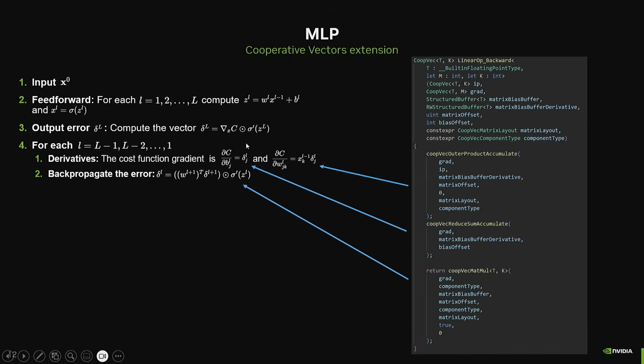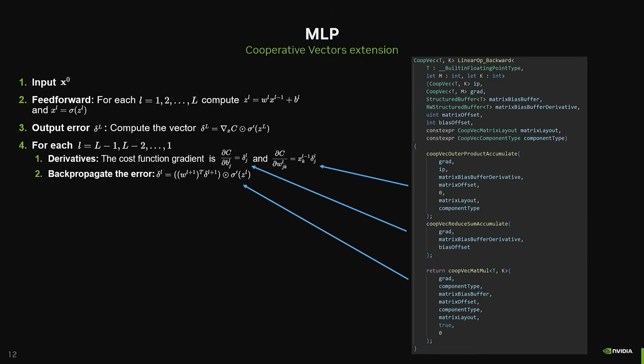So this is just one part of it, and there are just 3 commands from the cooperative vector extension that actually implement those 3 steps in the backpropagation algorithm. The first one is outer product accumulate, and remember what I was saying about how we do training.